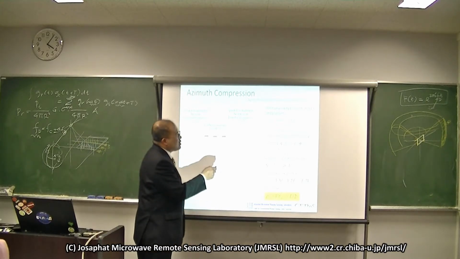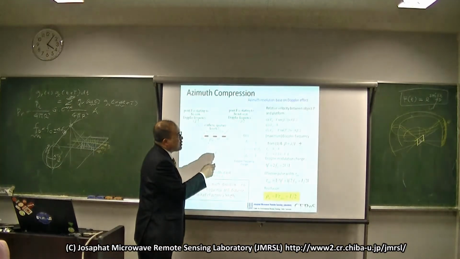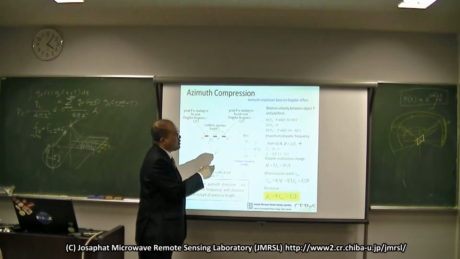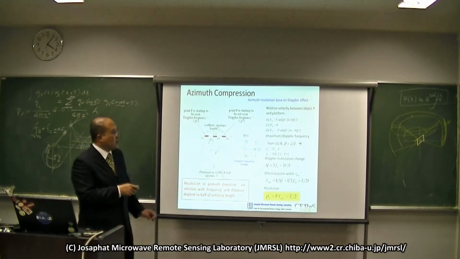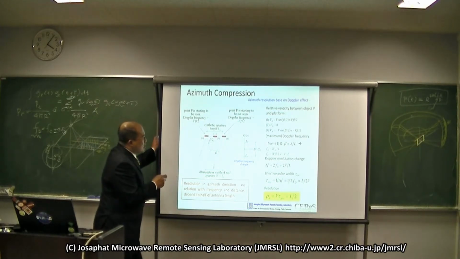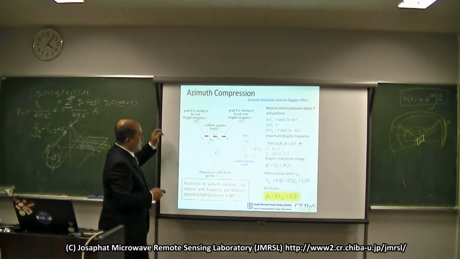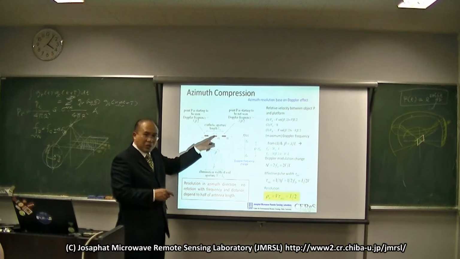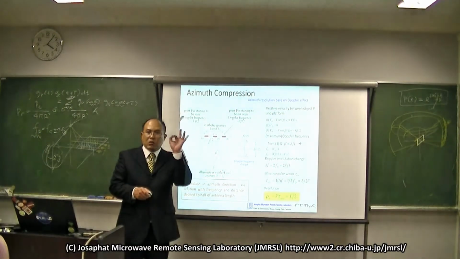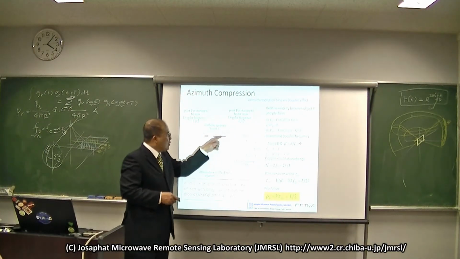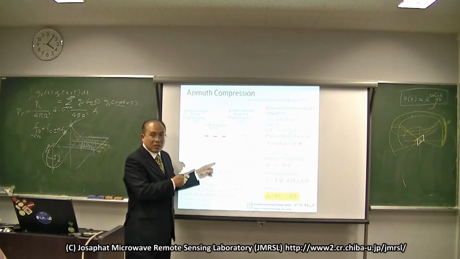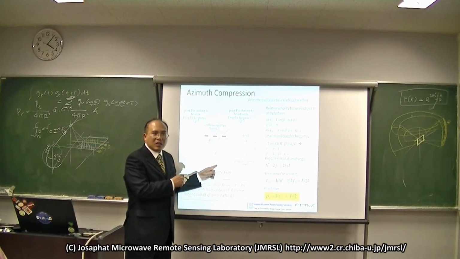So you can insert here and find V beta, as an approximation. Here the relative velocity is almost 0 because it is perpendicular, and then when leaving it becomes minus. Please don't forget the minus.